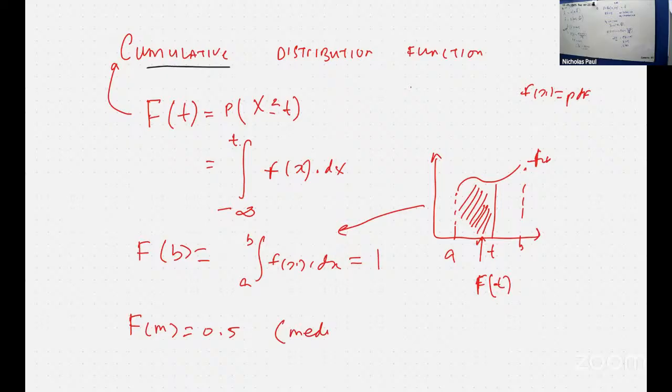If you want to find your upper quartile, similar thing, 0.75. F of Q1 is 0.25. F of Q3 is 0.75. So you could use your cumulative distribution function to obtain quartiles.